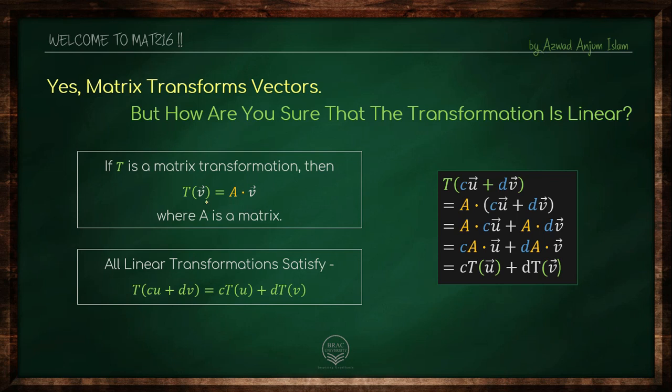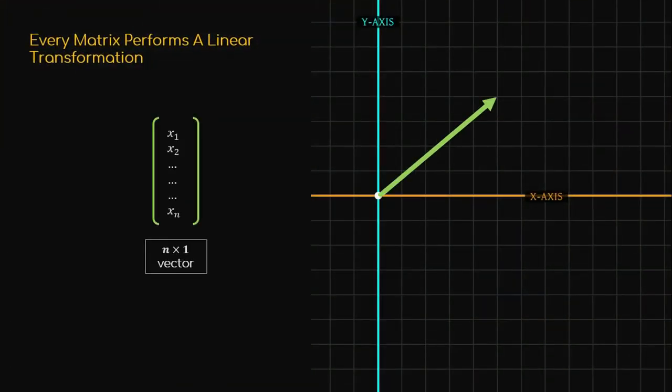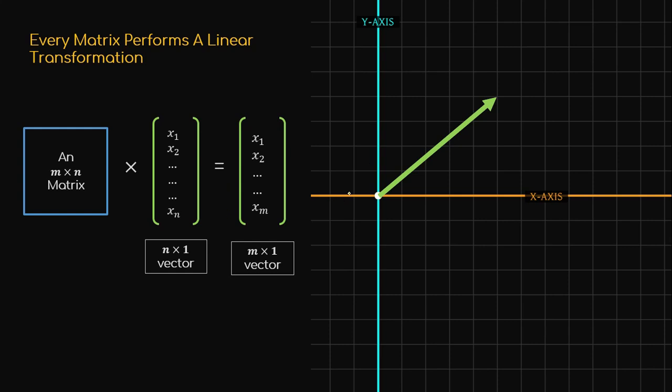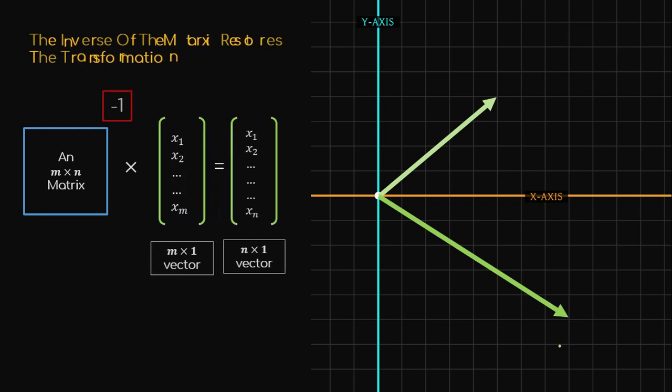Now let's look at another important aspect of matrix transformation. If I multiply a vector with a matrix, I get another vector as output, which is shown by this movement in this picture. But what if from this position I want to get back to my original position? How should I achieve that? And the answer is the inverse of a matrix.